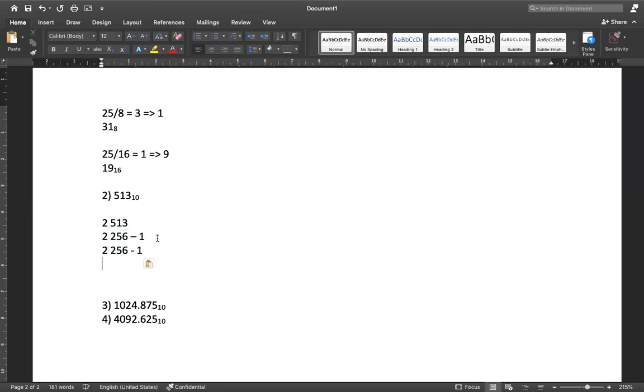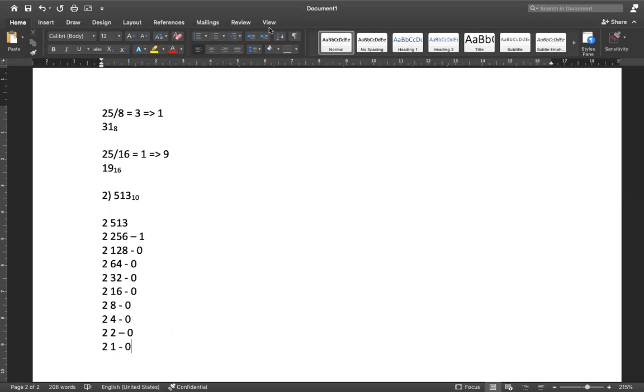Then this is 128 and remainder 0. Then you have 64, remainder 0, 32, remainder 0, then 16, remainder 0, then 8, remainder 0, 4, remainder 0, 2, remainder 0, and 2 divided by 2 is 1, remainder 0.